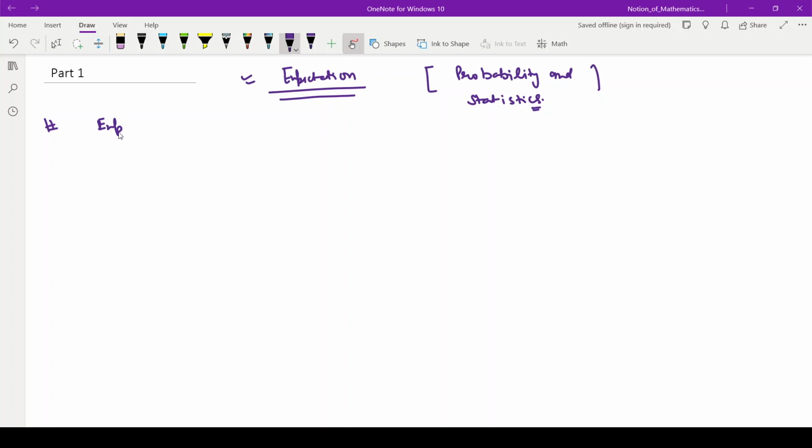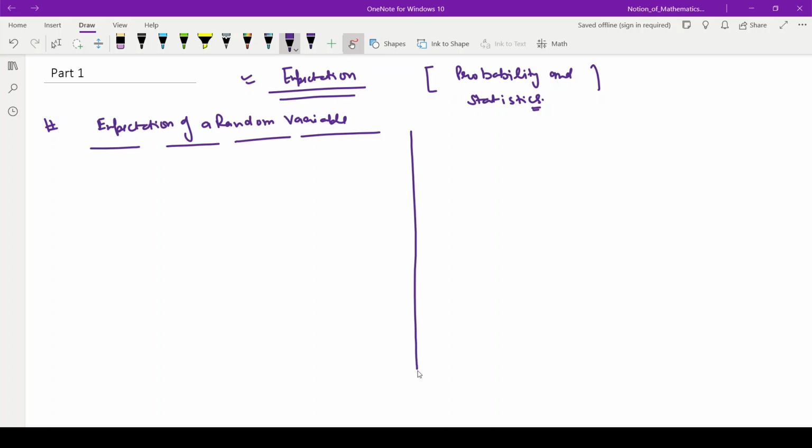expectation of a random variable. So what is the meaning of this particular expectation of a random variable? As we know, there are two types of random variables.